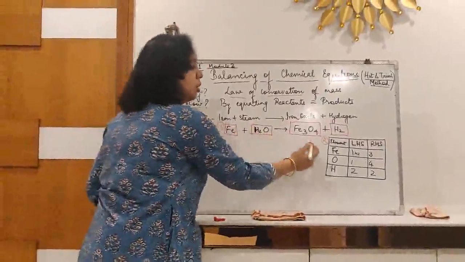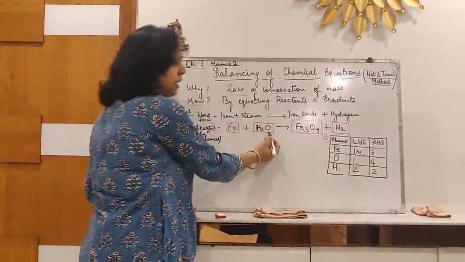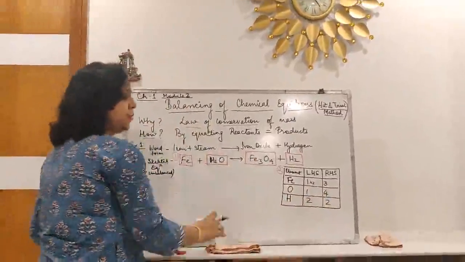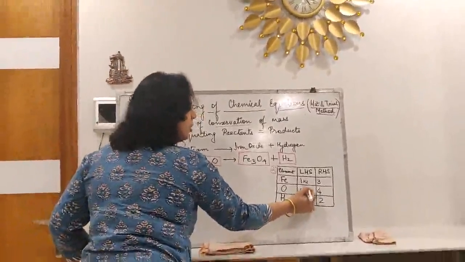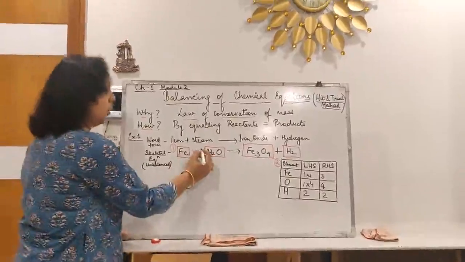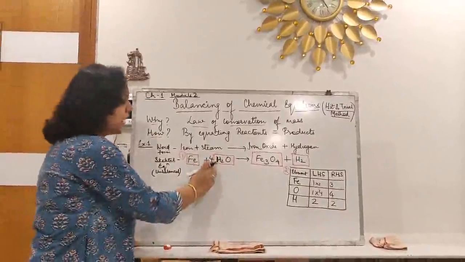Now, next, O is only 1 over here, and on the right hand side it is 4. What do I need to do? I should multiply it by 4. Alright? But when we multiply this by 4, how do I do it?